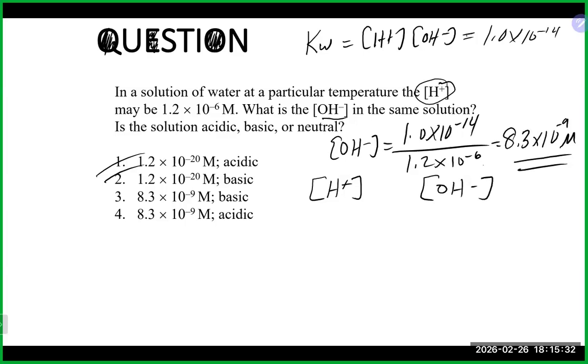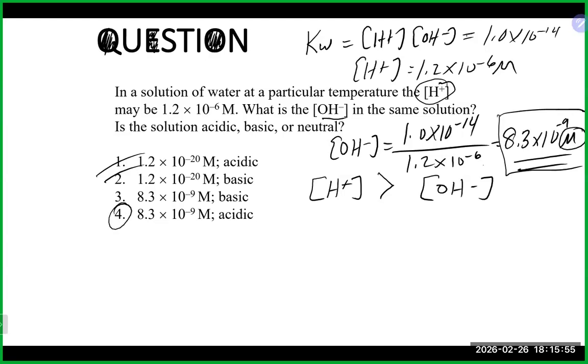In this particular case, our H plus concentration, obviously, was 1.2 times 10 to the minus 6 molar. By the way, since this is a concentration that we solve for, you do need some units there. Yeah, that's a molarity. Which one's larger, the H plus or the OH minus? It is the H plus, yeah. So the H plus is larger here, and that would mean it would be acidic.